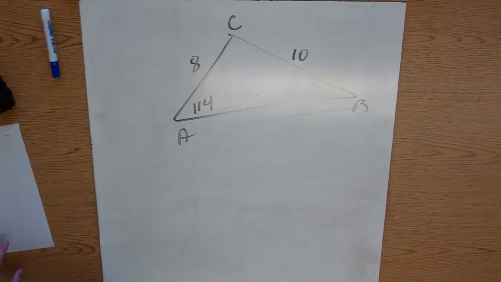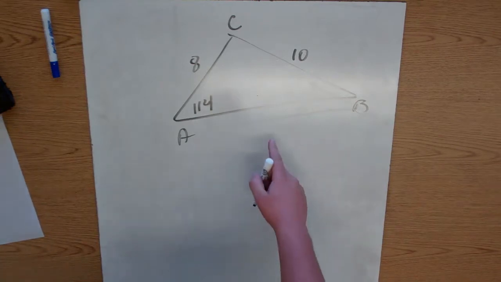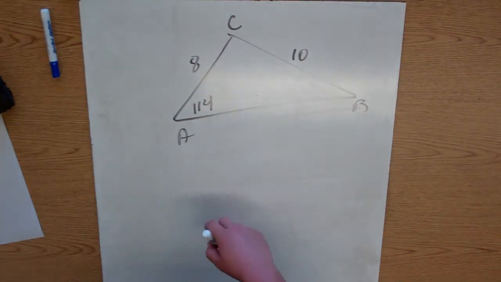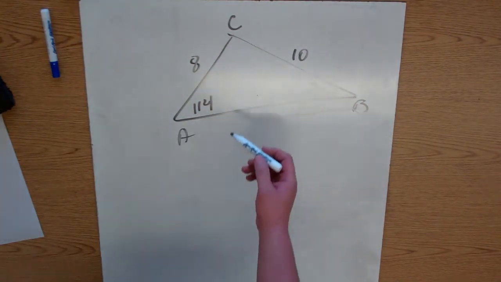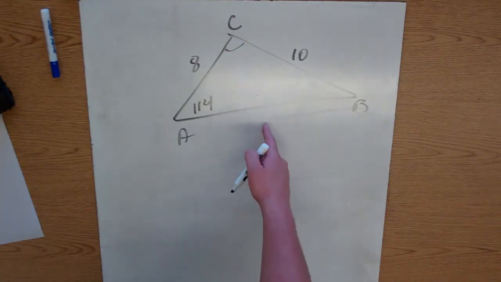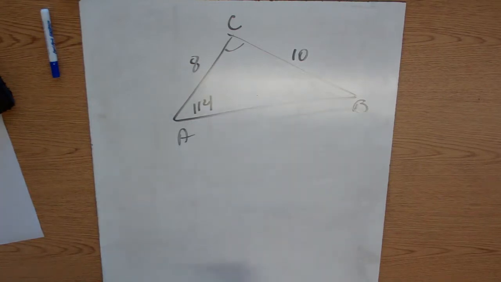Now, if you remember, it's one side times the other side times the sine of the angle in between. So we either need to find angle C or we need to find this side. All right, well, to find angle C, you got to go through the whole process.